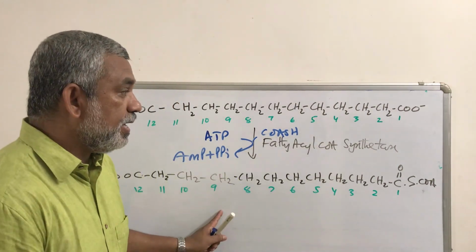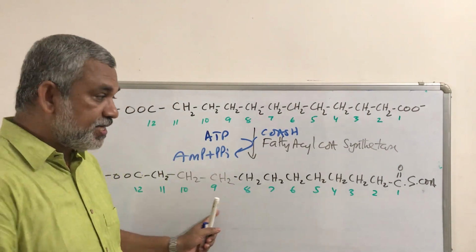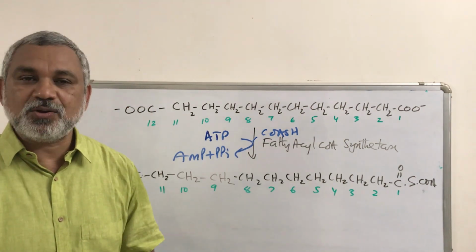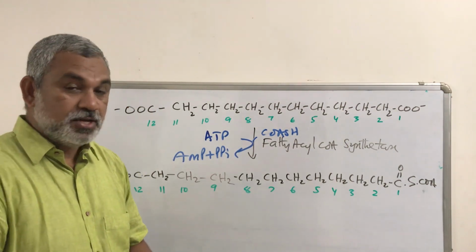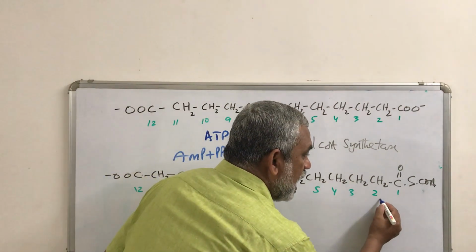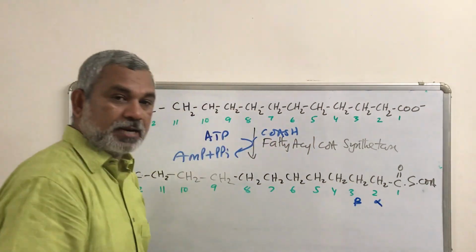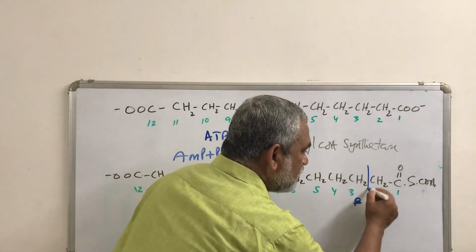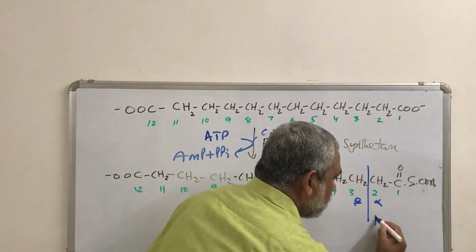So now the fatty acid is activated, and once the activation occurs, this will undergo beta oxidation. We know that beta oxidation happens between the alpha and the beta carbon atom. So in the first round of beta oxidation, 2 carbons are removed as acetyl-CoA.